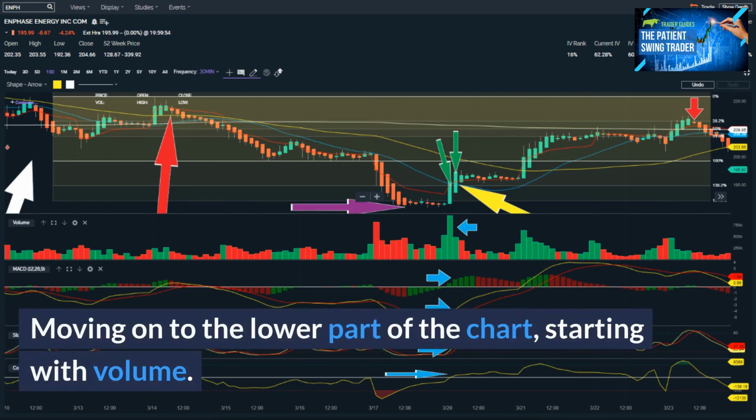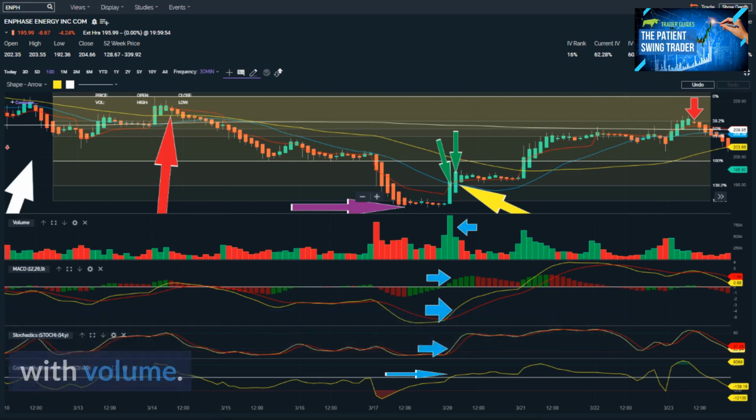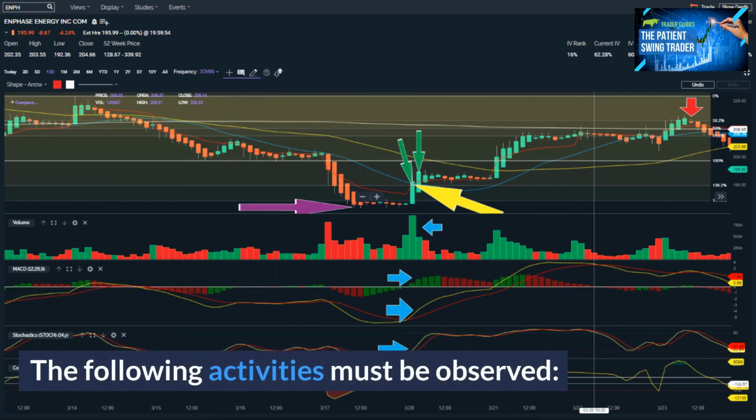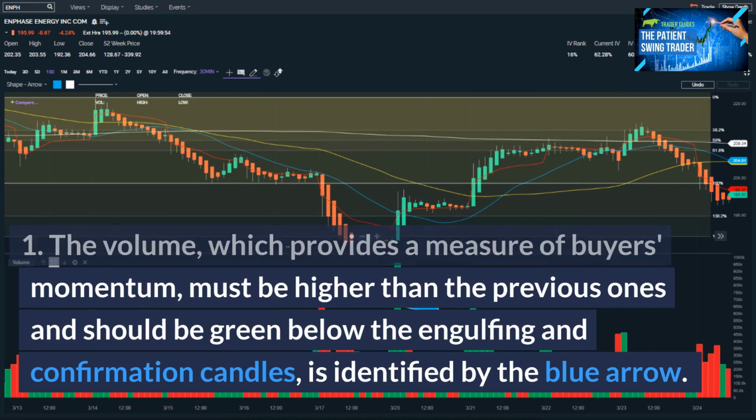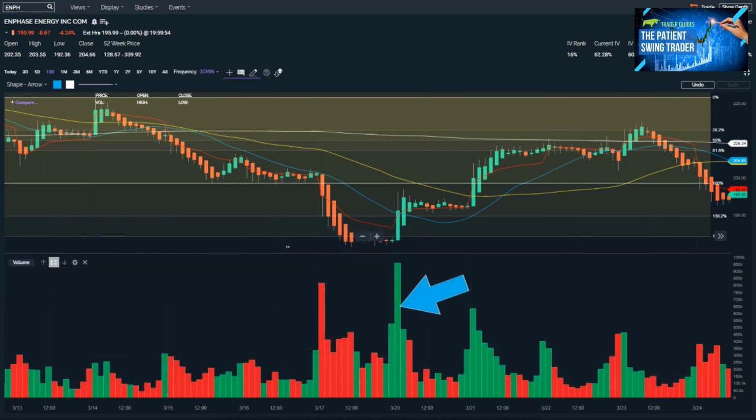Moving on to the lower part of the chart, starting with volume. The following activities must be observed. 1. The volume, which provides a measure of buyer's momentum, must be higher than the previous ones and should be green below the engulfing and confirmation candles, identified by the blue arrow. 2.